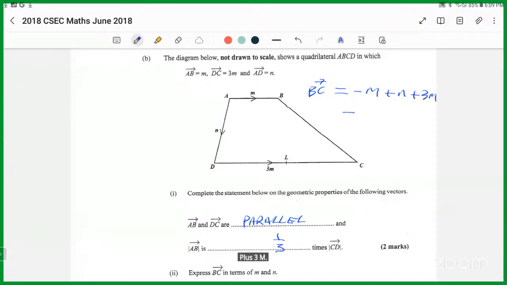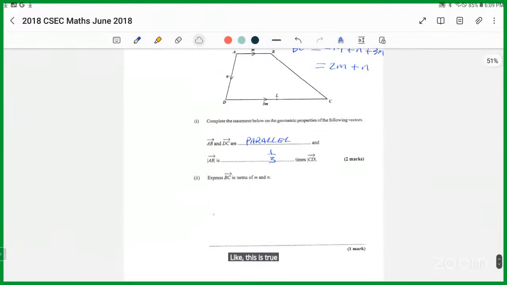And then you consolidate. The 3M and the minus M is 2M, plus this N. And that is the answer: 2M plus N. And we can show it on the diagram as well, that this is true. Let me copy this down.